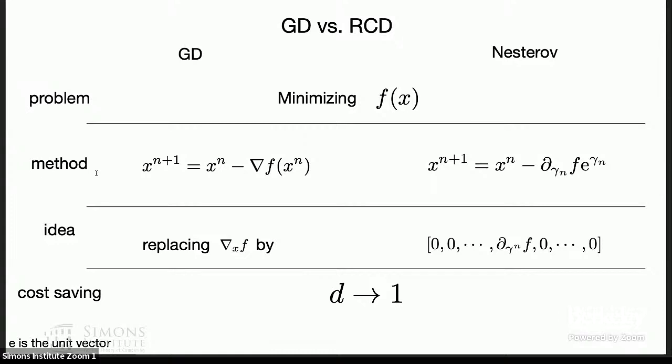However, it is not immediate that random coordinate descent is eventually going to win. In order to find the minimizer, eventually every coordinate needs to be updated. So if in each iteration you only update one coordinate, you have to pay d times as many iterations to get everybody updated. So although each iteration is cheaper, you have to iterate more times, and it's not immediate that RCD is eventually going to win.